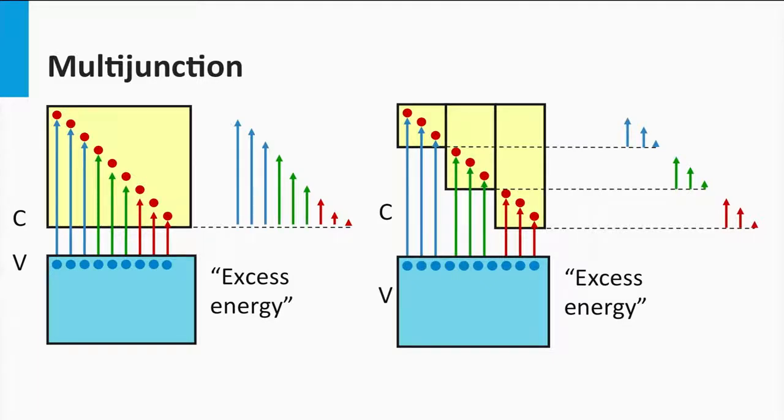Tackling the first problem has been discussed last week. Both the III-V semiconductor PV technology and the thin film silicon technology use the concept of multi-junctions, several solar cell junctions stacked upon each other with a response to different parts of the solar spectrum.